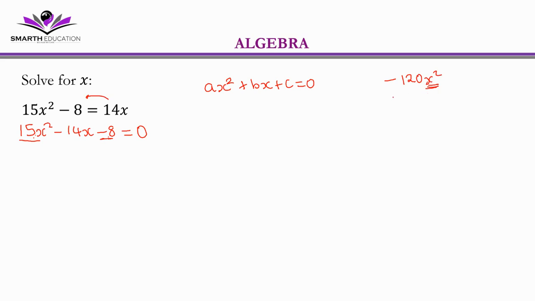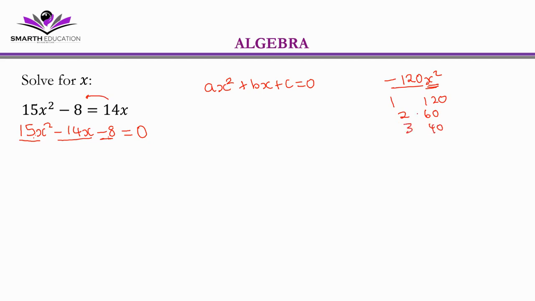What are the factors that can give us negative 14 if we add them? We have 1 and 120. These cannot give us negative 14. 2 and 60. We're looking for the factors of 120. These cannot give us negative 14.